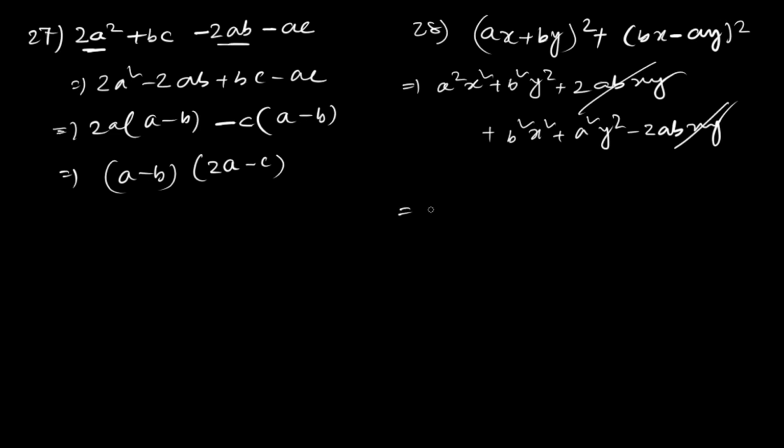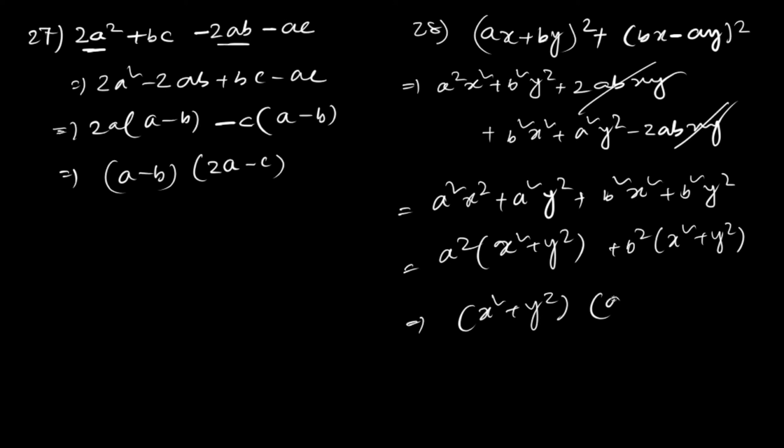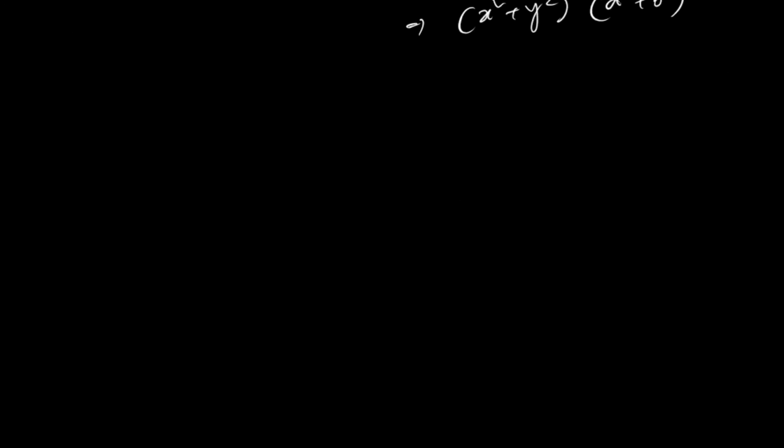Now if I try to organize the terms, plus b square x square plus b square y square, and if I take a square common, I will be left with x square plus y square. If I take b square common, I will be left with x square plus y square. So that means x square plus y square into a square plus b square. So that will be the factorization of the 28th question.